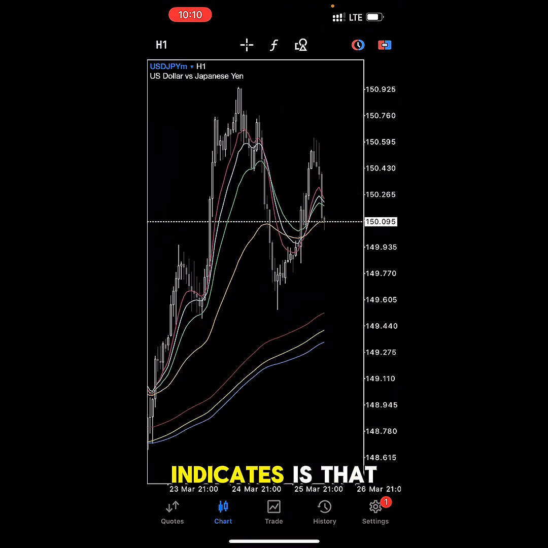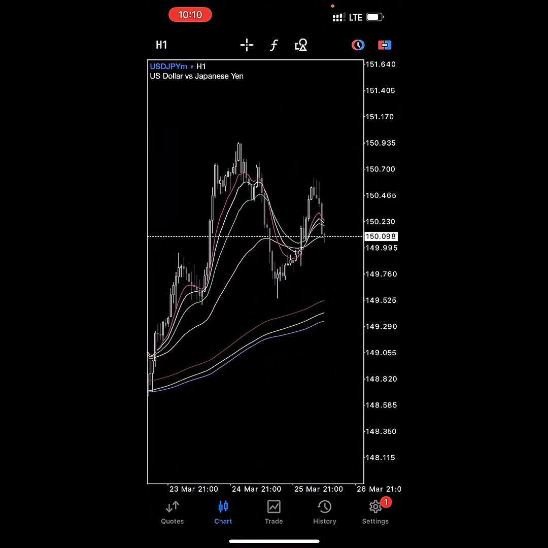Now what this indicates is that at this current situation, we could be looking at 2 different scenarios.